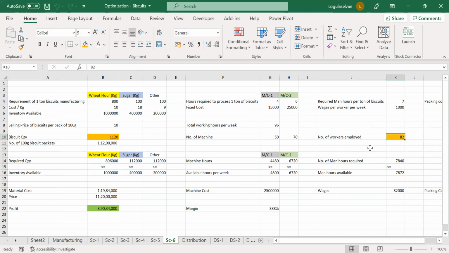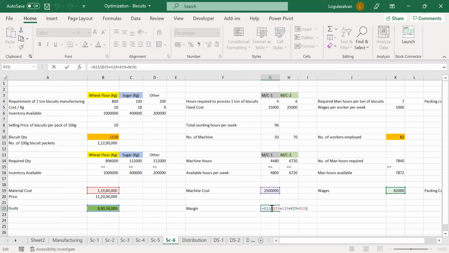So with Excel solver, you can work out the production plan to maximize your profit, but you would have noticed I am calculating the margin, but I am not talking anywhere about this point of margin. Margin is nothing but your profit divided by your cost.